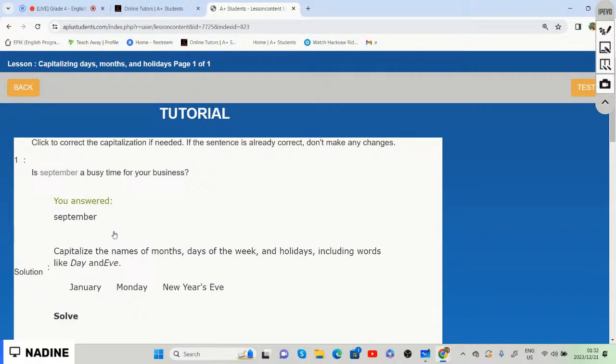Also when we capitalize holidays, we can include the word Day and the word Eve when it comes to capitalizing the names of holidays.